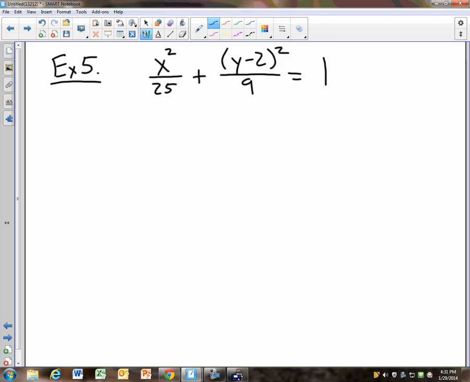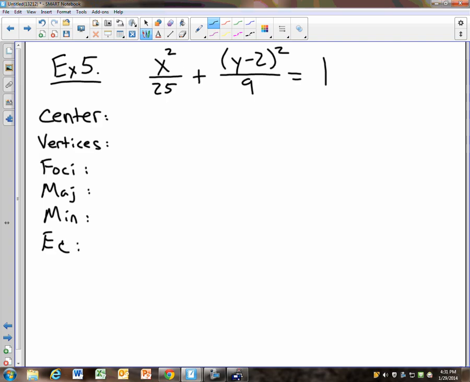I would like you to identify the center, the vertices, the foci, the length of the major axis, the length of the minor axis, and the eccentricity. And write down A, B, and C.